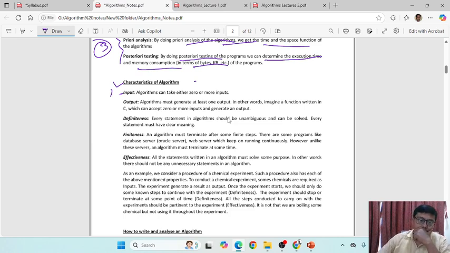Now output. An algorithm must generate at least one output.